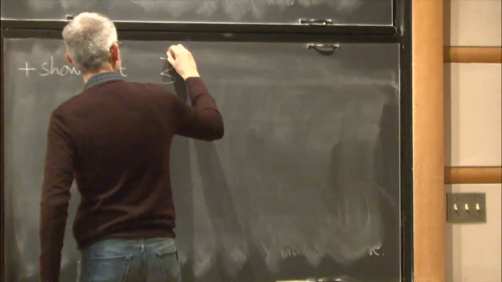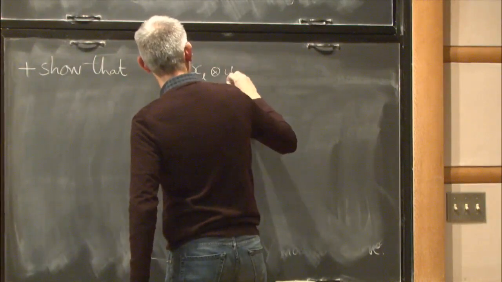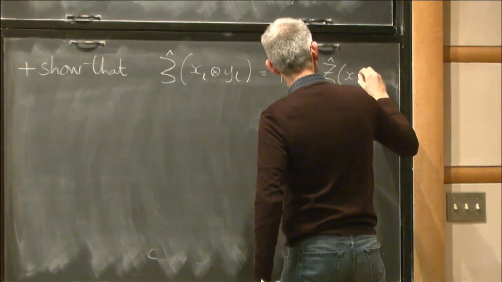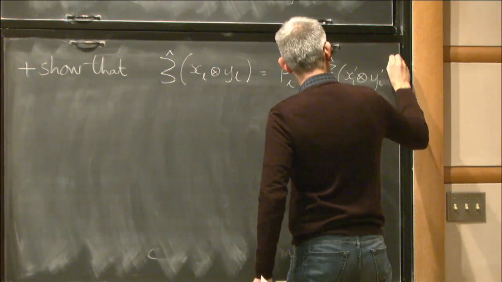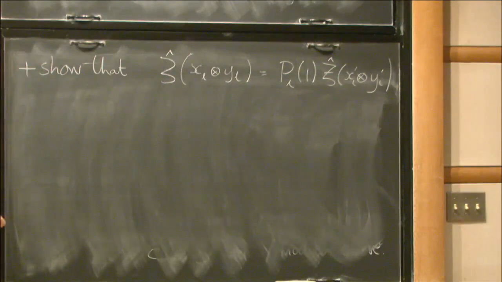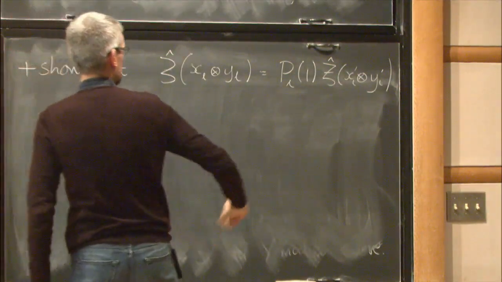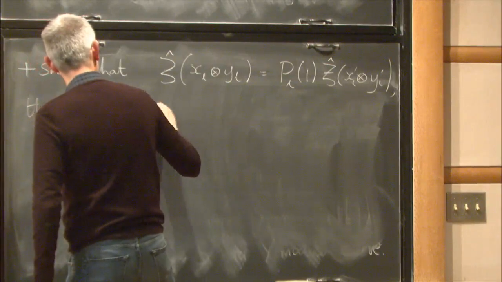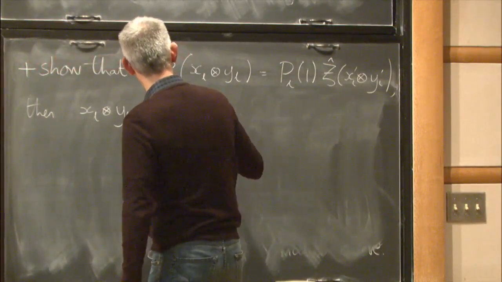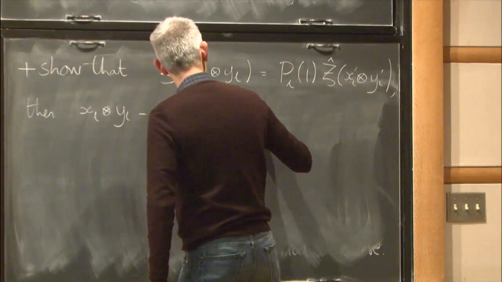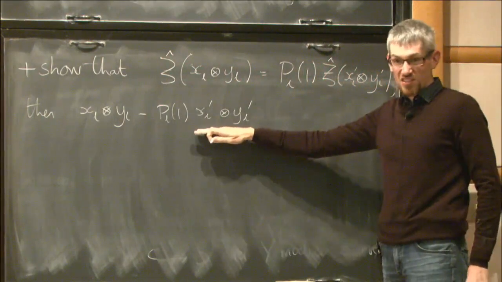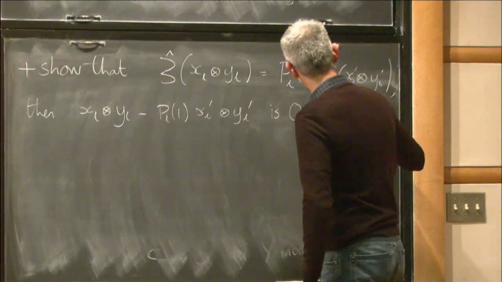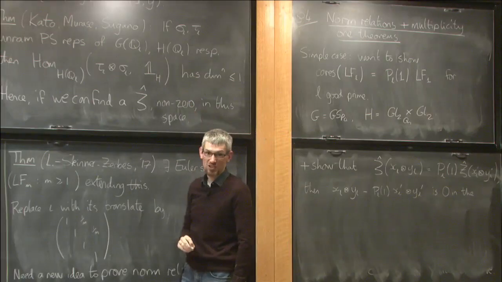So if we can show that z hat of xl tensor yl satisfies this equation, then it implies that this vector xl tensor yl minus pl of 1 times this guy, if we think of the projection of that to the H coinvariance, and that space of H coinvariance is dual to this, so it has dimension at most 1.